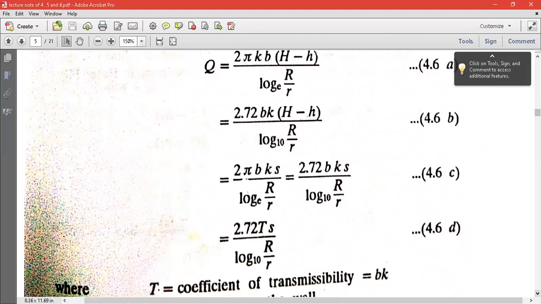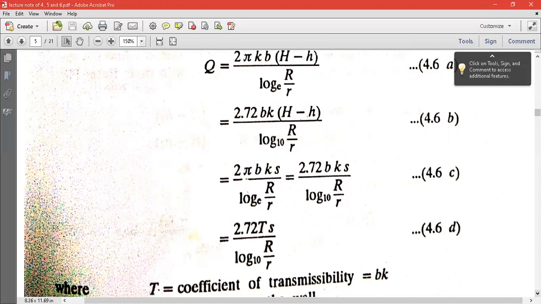kbs, because capital H minus small h is nothing but the depression that you have seen. So you replace the term capital H minus small h as small s, and the b into k, as I have told you, is transmissibility. What is transmissibility? Transmissibility is nothing but the multiplication of the thickness into the coefficient of permeability.